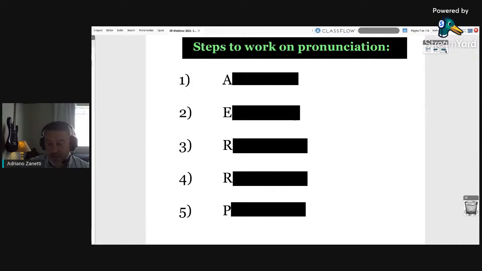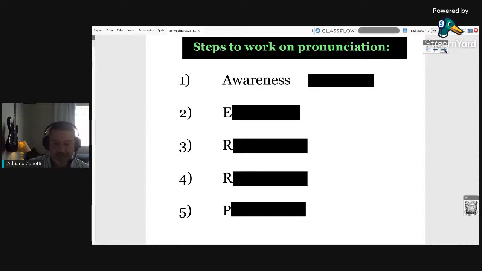So I try to work on steps, and the steps are based on 5 attitudes. The first one is the awareness part, knowing that there are differences between the systems, the pronunciation and everything. Second one, ear training.